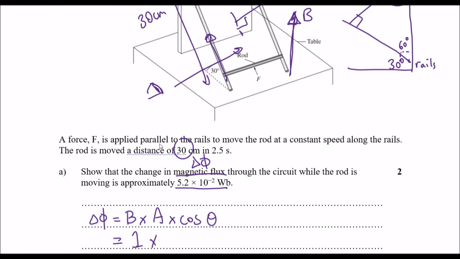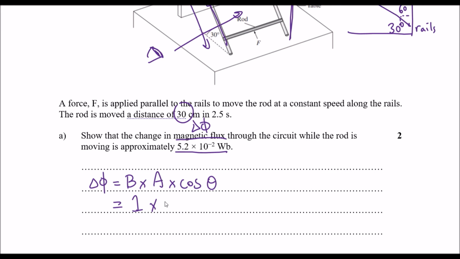Okay, so we're going to try and convert that into the appropriate SI units. So 30 centimeters converted into meters times 20 centimeters, which is also converted into meters. That times cos 30, because that's the lift that we see of the area plane. So it's been lifted 30 degrees.